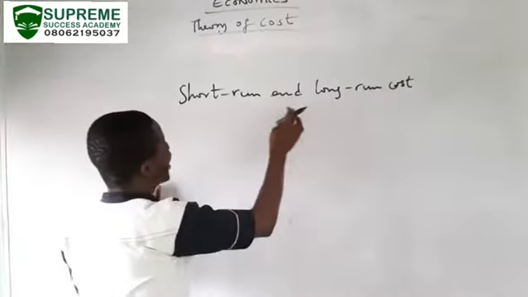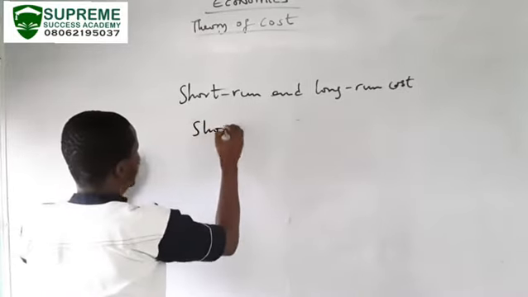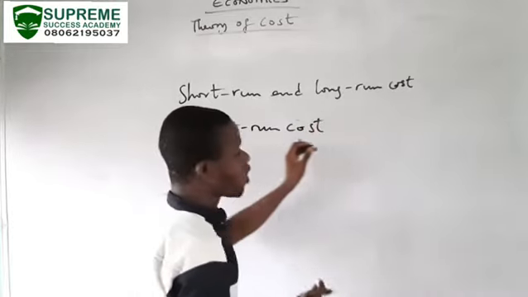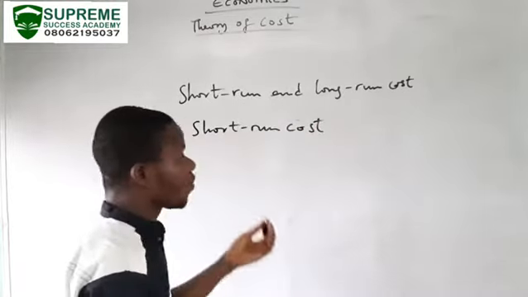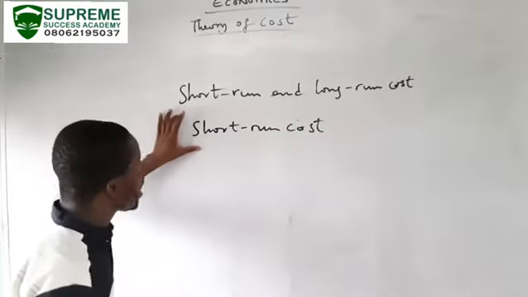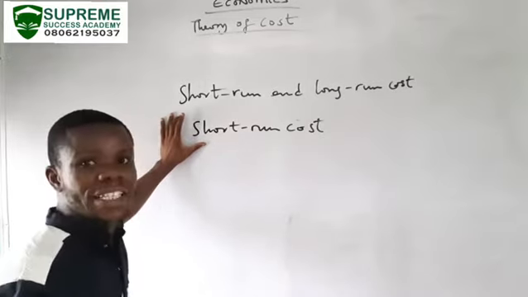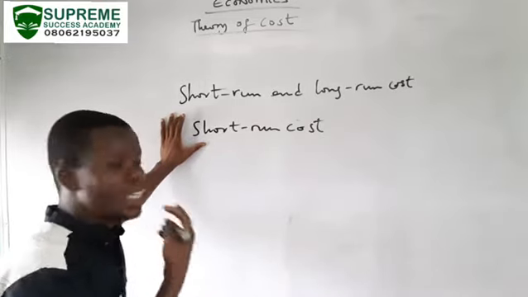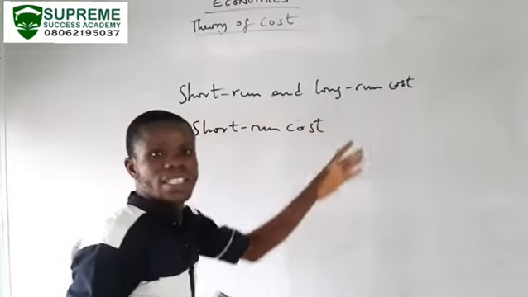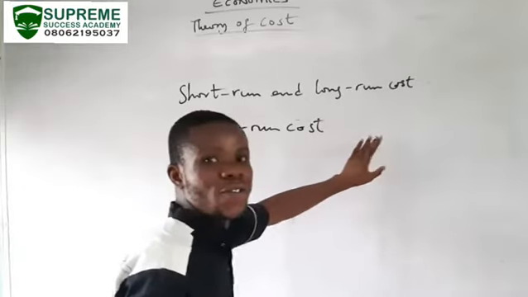So, the short run and long run cost. The short run cost is defined as a particular period of time in which some productive factors or inputs, like plant, machinery and equipment, are fixed, while some are variable.